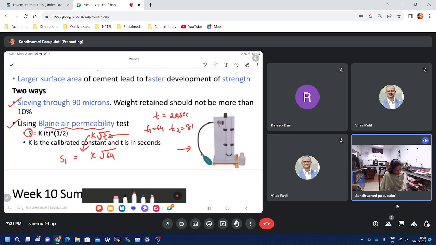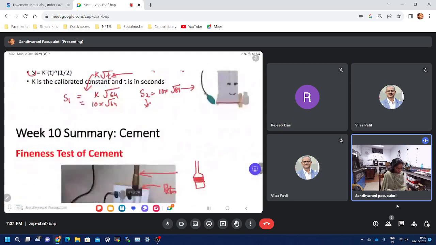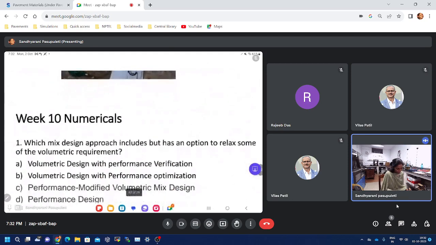So surface area would be, let us say K is 10, 10 into root 64, and another would be 10 into root 81. If the fines are more, then what happens? It will take more time to move from one place to another. Therefore, the surface area is more. So based upon this, we can actually determine that.